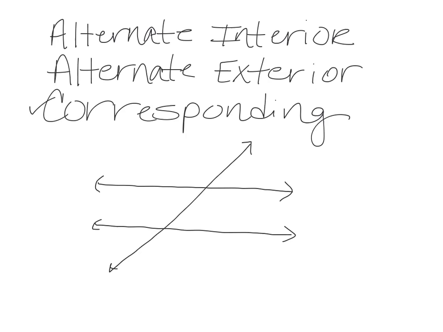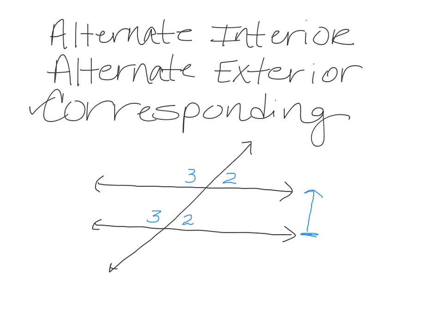If I were to take this line and move it up and set it on top of this one, the angle that's in here would now be up here. They would be in that same spot. If I had one here and I move the line up, it would be in this spot. And that's the idea between corresponding angles.